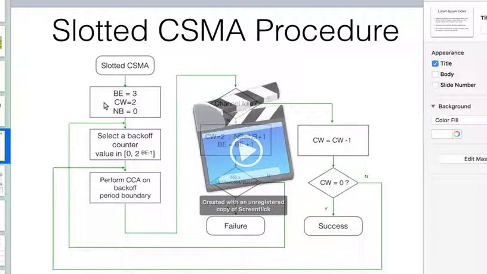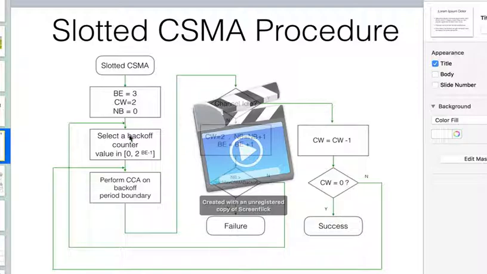Contention window, or CW, the default value of which is 2. BE, or current backoff exponent, and its default value is 3.